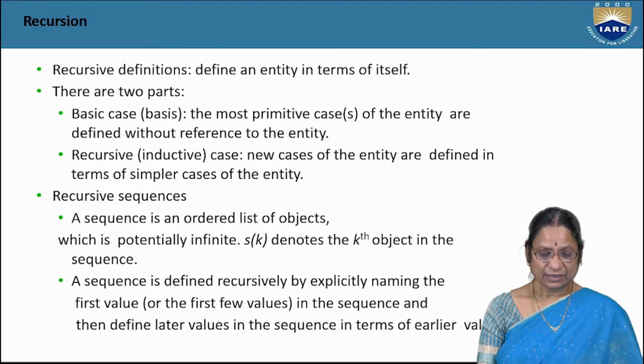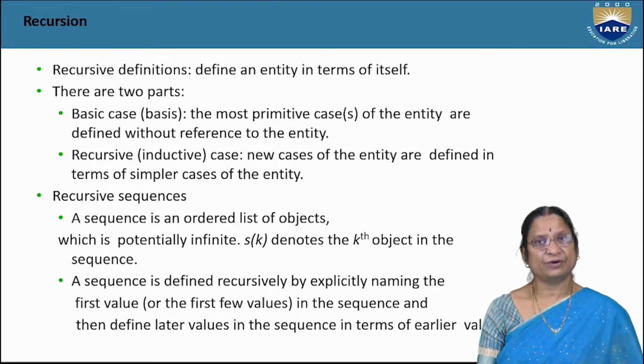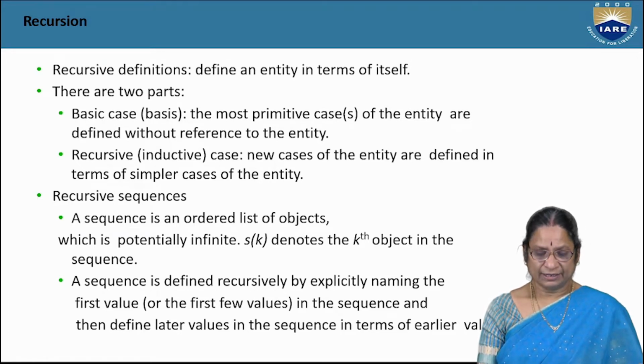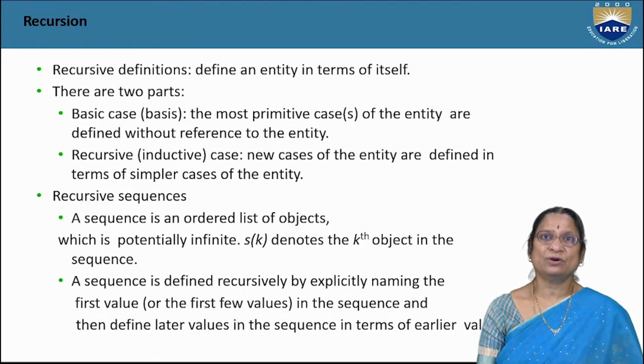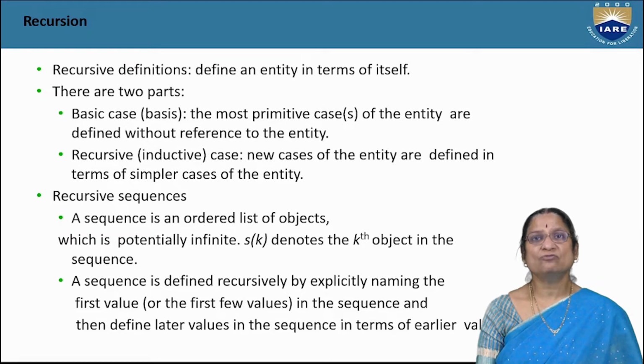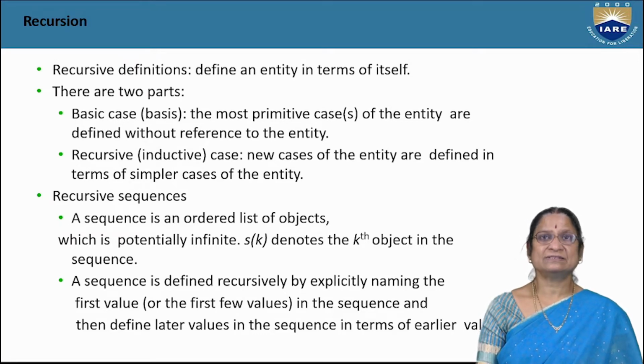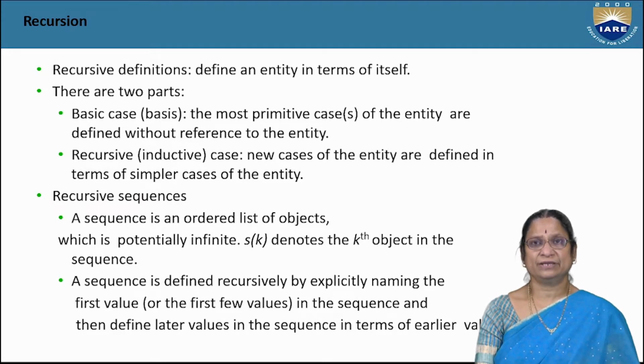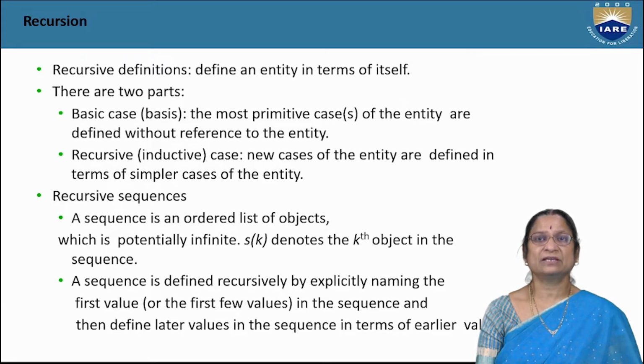A sequence is an ordered list of objects which is potentially infinite. We denote the kth object in a sequence, so that if you understand what the kth object is, finding the sequence sum or product is not a big deal for us. That means we have to properly define the kth object of the sequence.